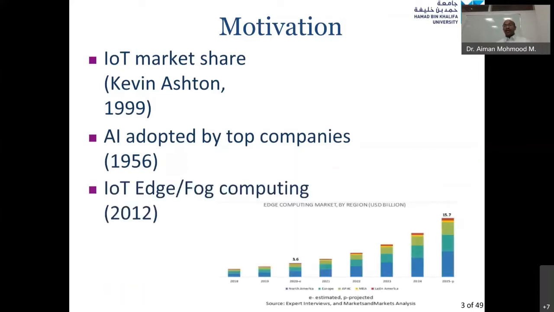And as we move into new architectures of these IoT systems, edge and fog computing, we are moving away from the central cloud architecture into new architectures where decisions are made at a faster pace. And you can also see that the adoption is high.